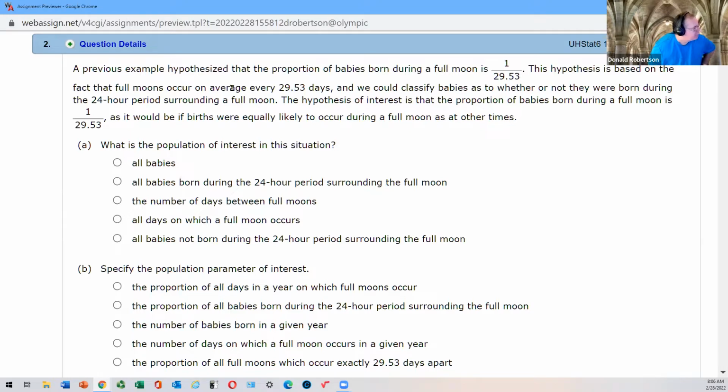So the question here was the hypothesis that the proportion of babies born during a full moon is that fraction. Let's call it 1/29, right? The hypothesis of interest is that, but I've just repeated that.